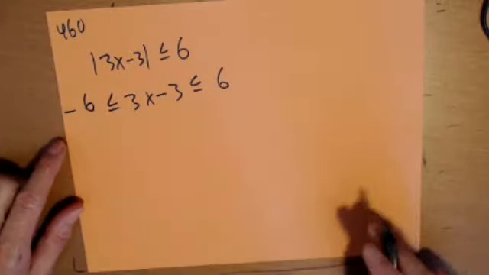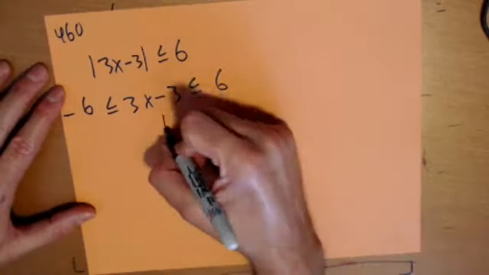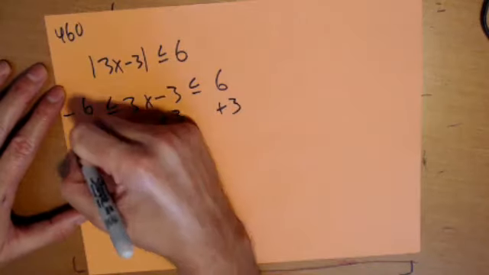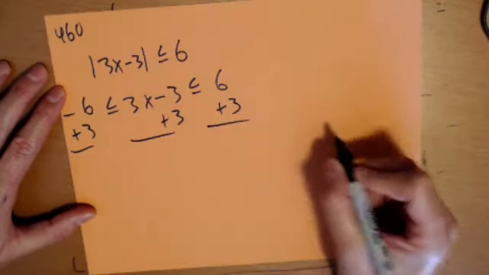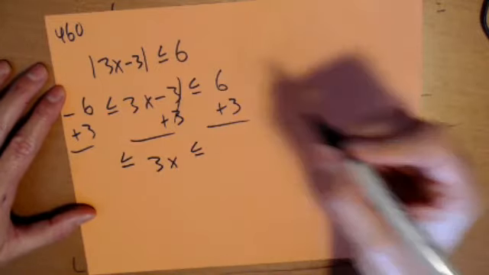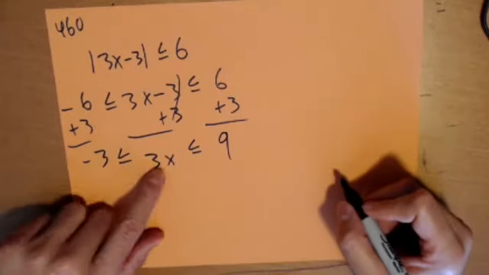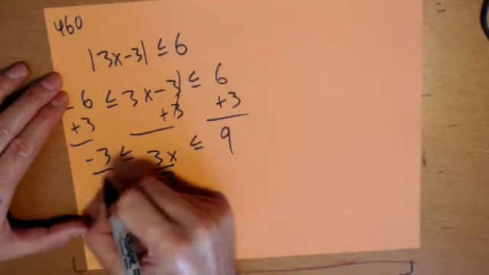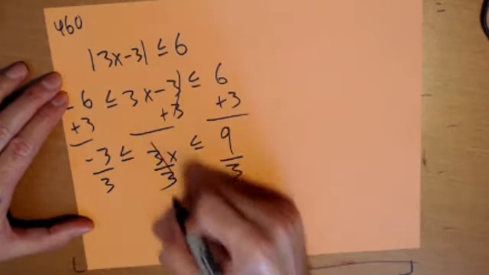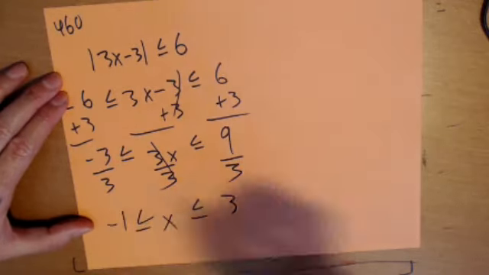Aha. So now we're back on familiar grounds, right? There's 3 parts going on. Got to get the x step alone. Add 3, add 3, add 3. Boom, boom, boom. 3x. 6 and 3 is 9. Negative 3. Got to get x alone. Divide everybody by 3. Done.